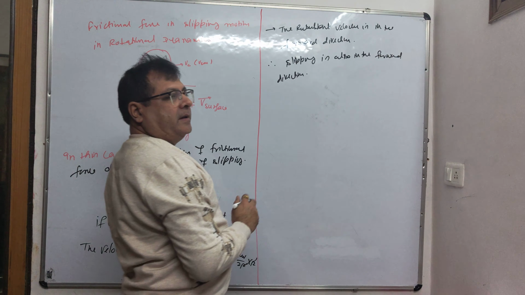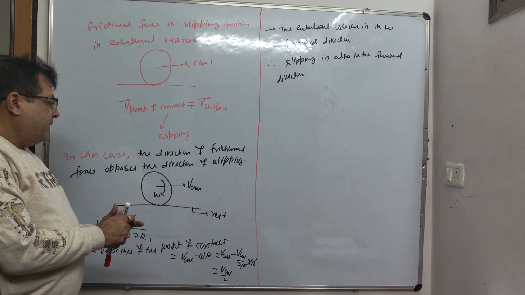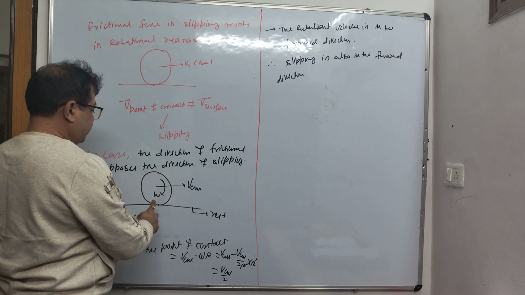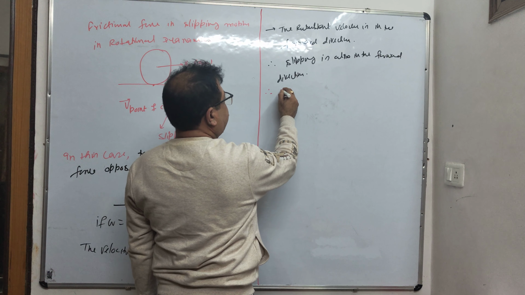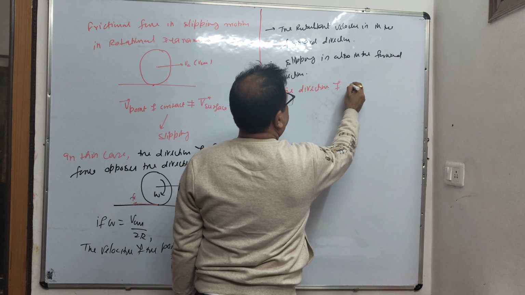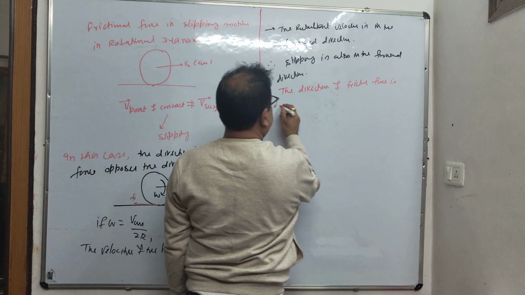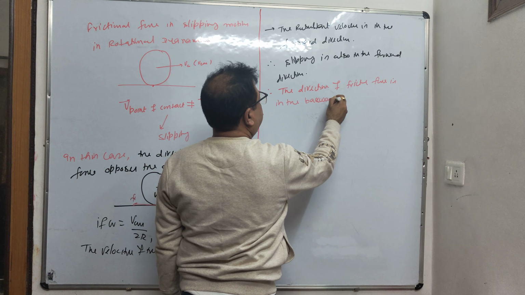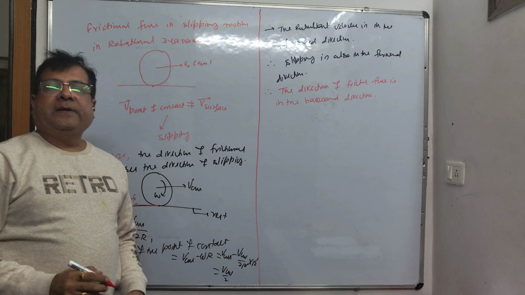Forward direction means this point is moving in the forward direction, right? So this is the forward slipping. So the frictional force would be in this direction. Therefore, the direction of frictional force is in the backward direction.